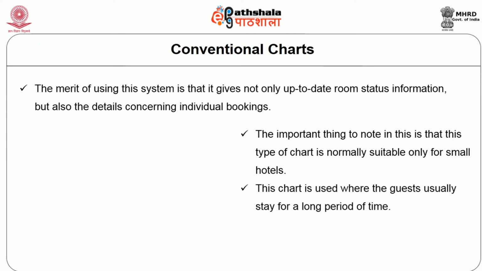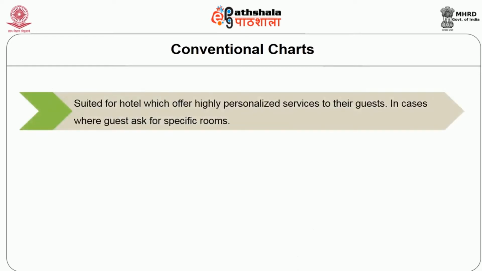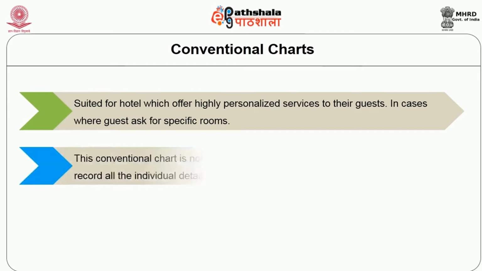This chart is used where guests usually stay for a longer period of time. It suits hotels which provide a wide variety of room types, of different sizes, decors, features and locations. It is suited for hotels which offer highly personalized service to their guests, in cases where guests ask for specific rooms.